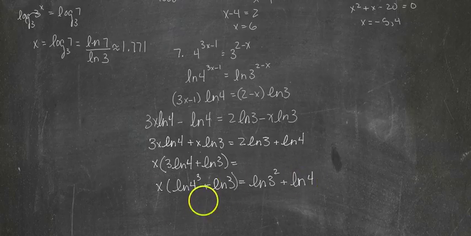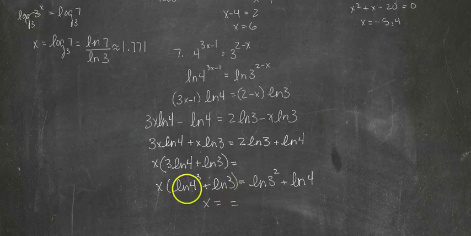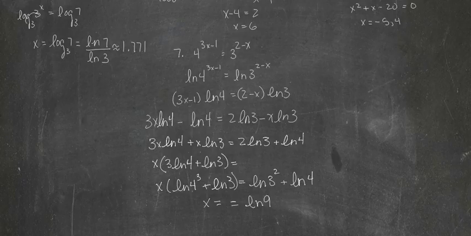And now if I simplify this or divide through by both sides, I get x equals natural log of 9, because that's going to be easier to put in my calculator, plus the natural log of 4 divided by the natural log of 4 cubed, 4, 16, 64, plus the natural log of 3.